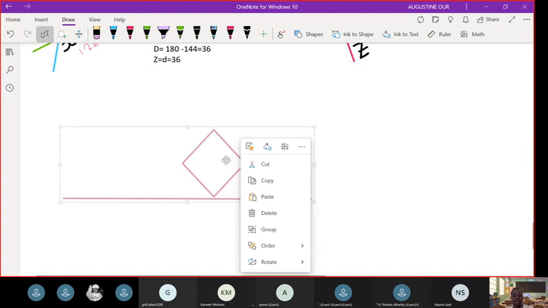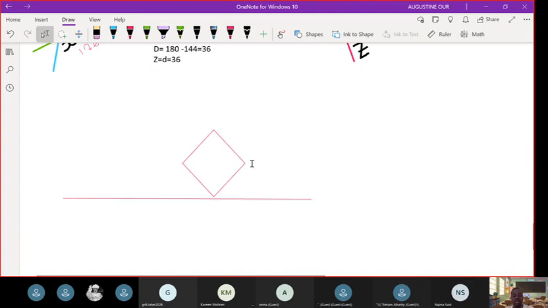Oh, I'm going to make it a big square like that. Then I'm going to draw another one. I can put this.